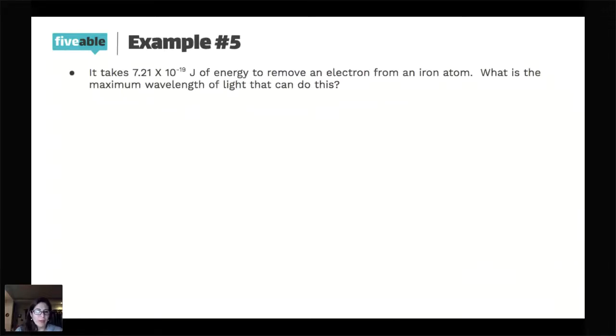Okay, this is one problem. Let's take a look at it. It says it takes 7.21 times 10 to the negative 19 joules of energy to remove an electron from an iron atom. What's the maximum wavelength of light that can do this? So we organize our data. Which formulas are we going to use?